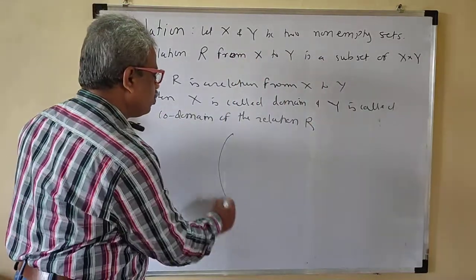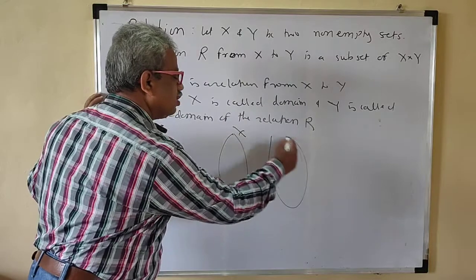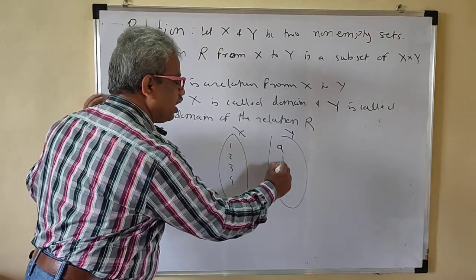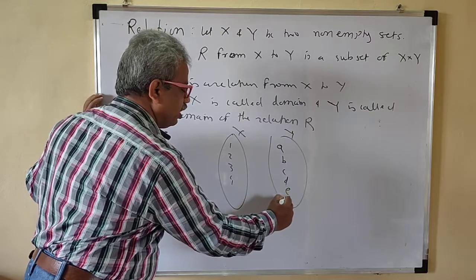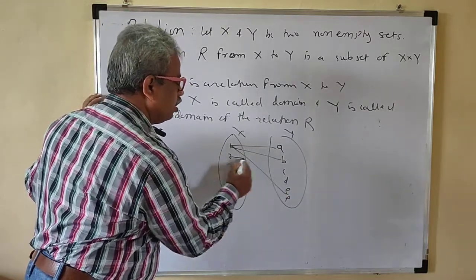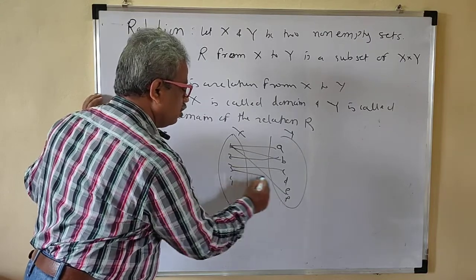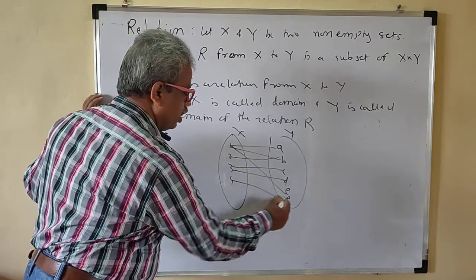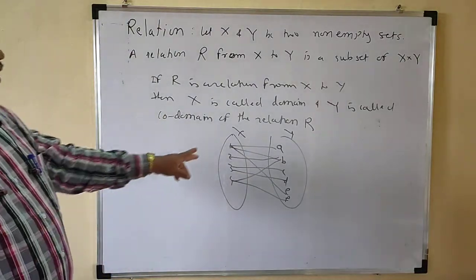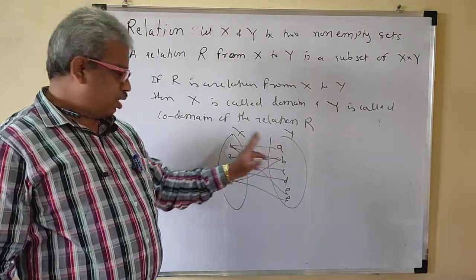Suppose this is X, and suppose this is Y, and suppose this is 1, 2, 3, 4. This is A, B, C, D, E, F, G. And if I write this like this, whatever this is. So now, what is the image of 1?